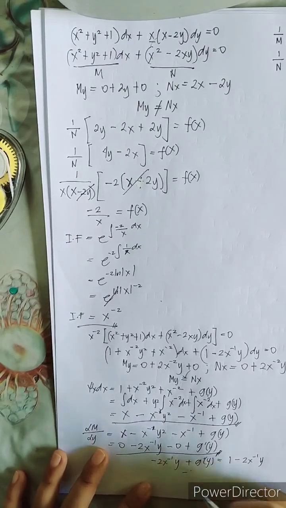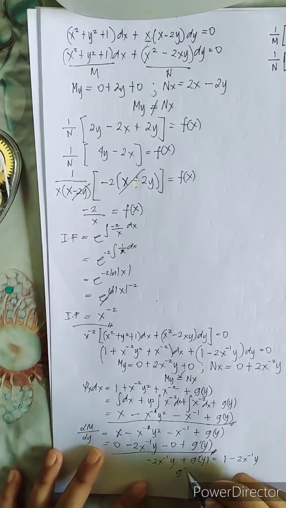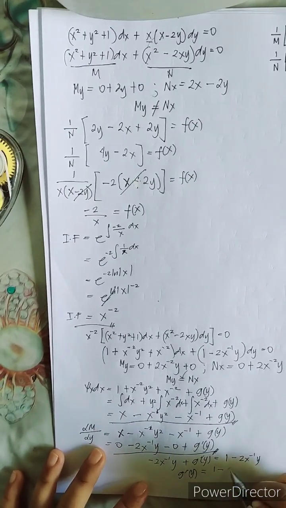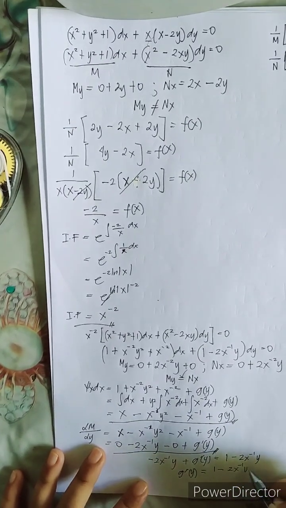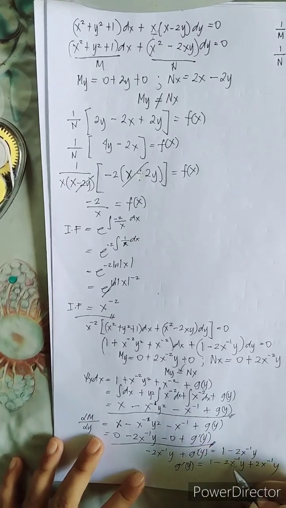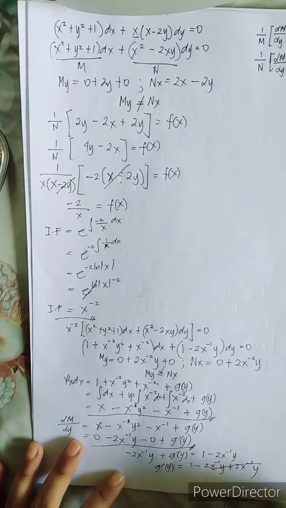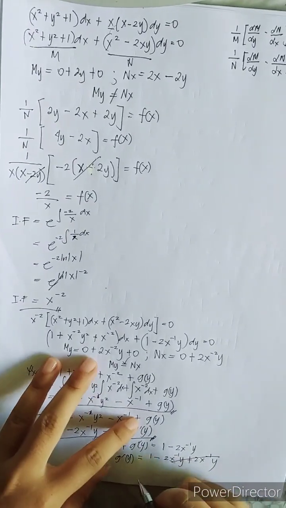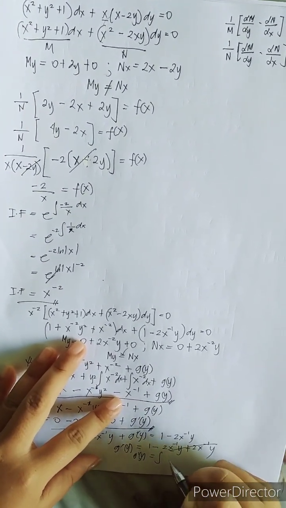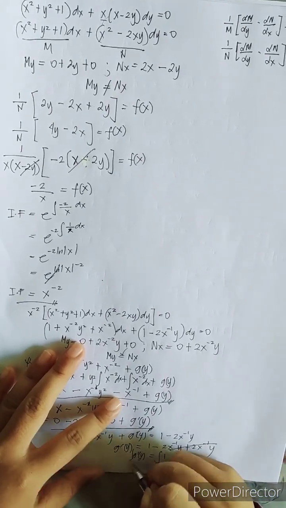This will be g prime of y is equal to 1 minus 2x to the negative 1 y plus 2x to the negative 1 y. This will be cancelled. Then integrate g prime of y, integration of 1.